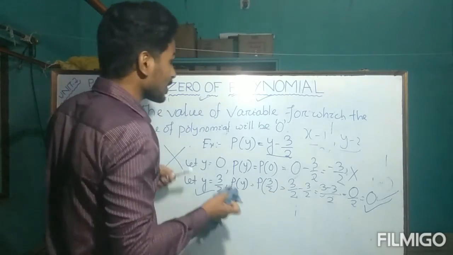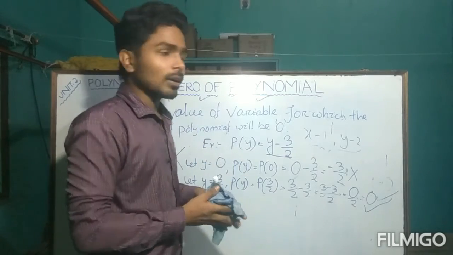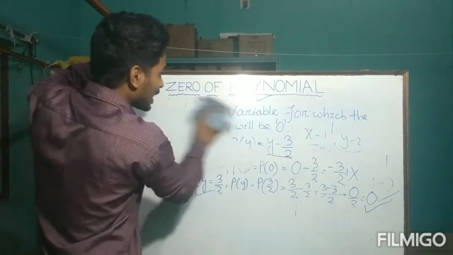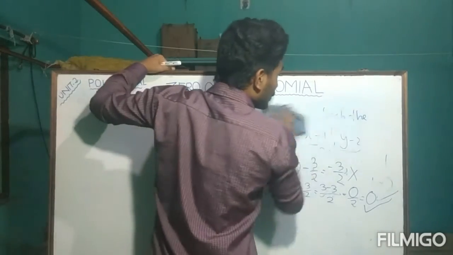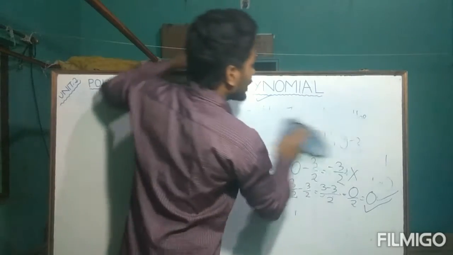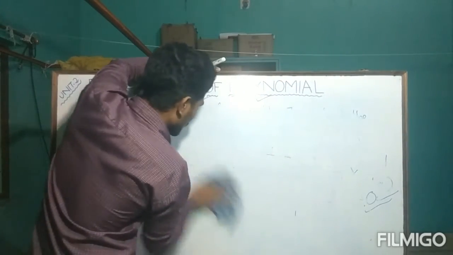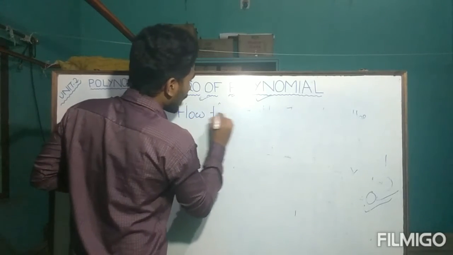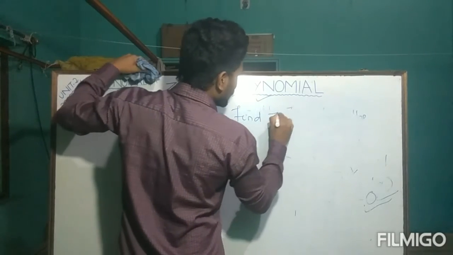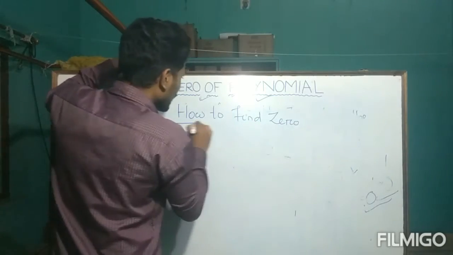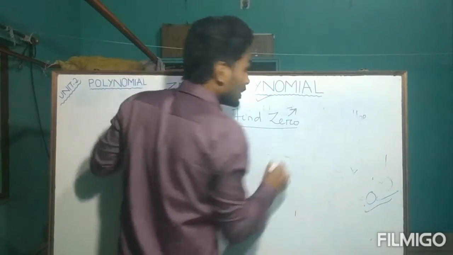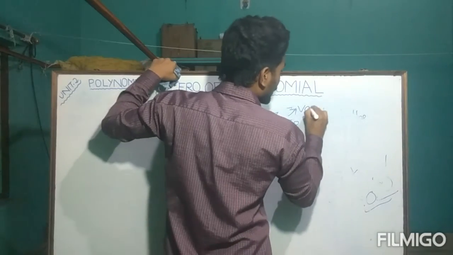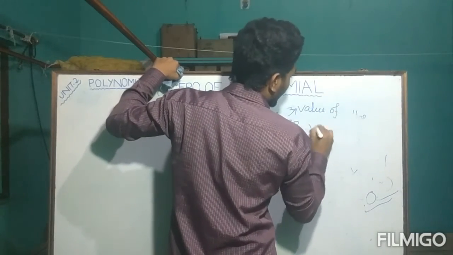Let's find out the procedure for how to calculate the 0 of a polynomial without using the trial and error method. Trial and error method means we put various values of x to find the value of the polynomial. So now we will study how to find the 0. 0 means the value of x, or the value of y, or the value of the variable.